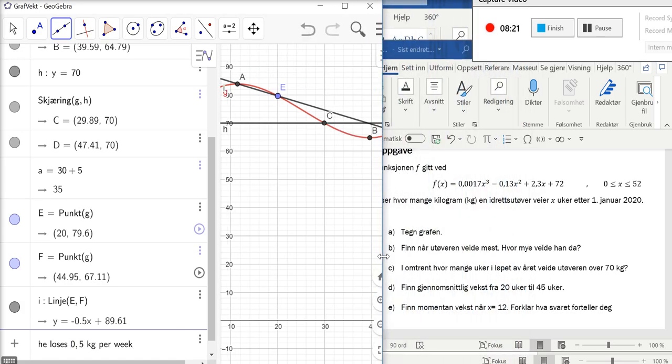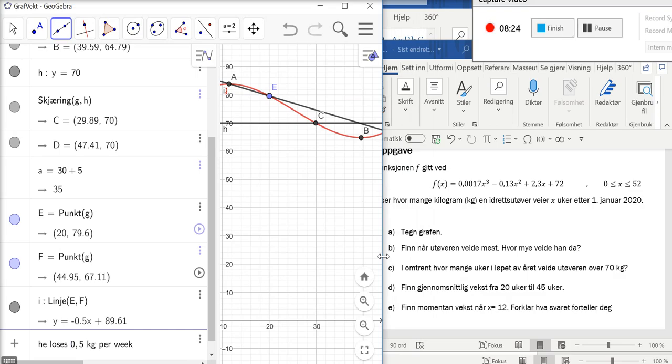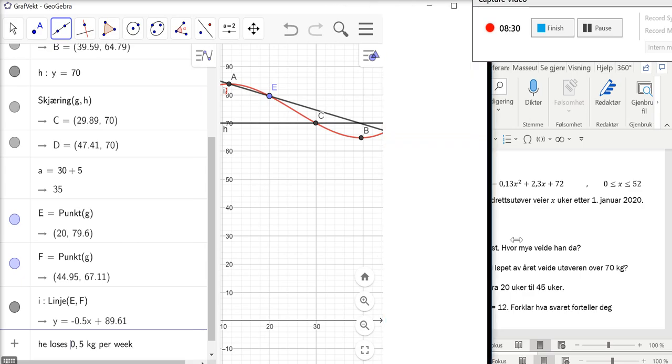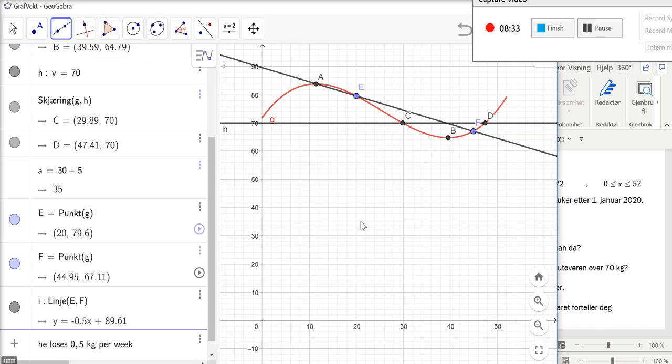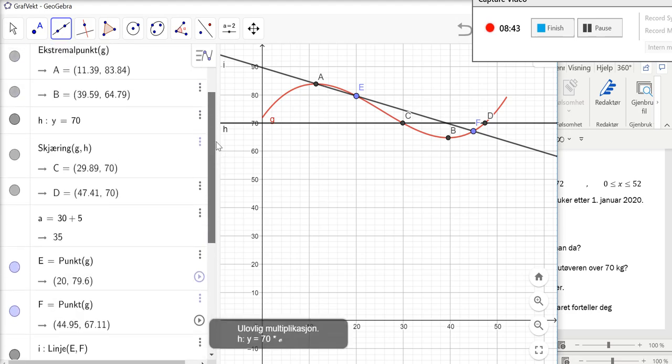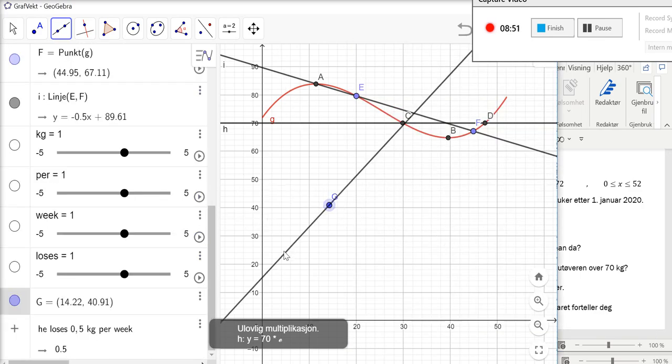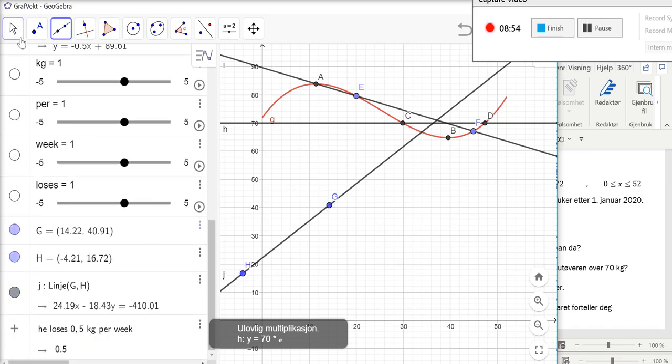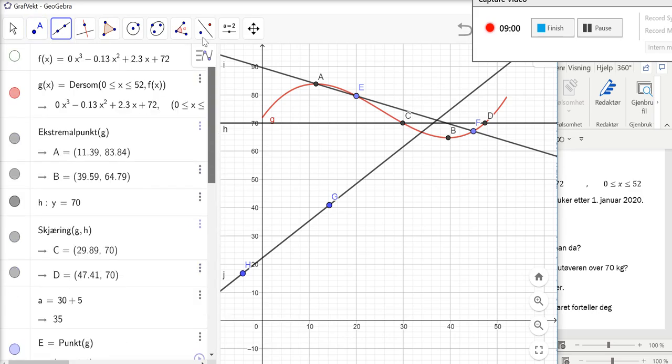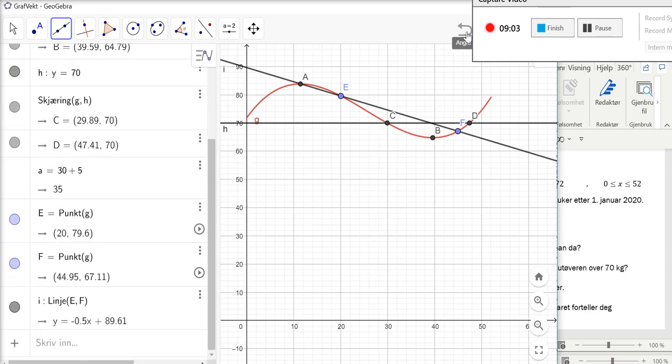And then the last one, find the momentary growth rate of change, or instantaneous rate of change, when x is 12. Sorry, let me change this to x equals 30.